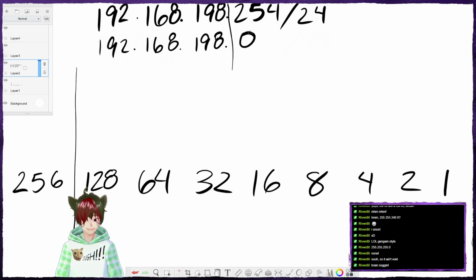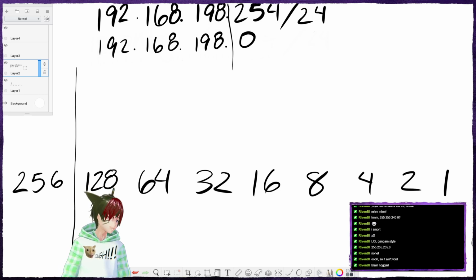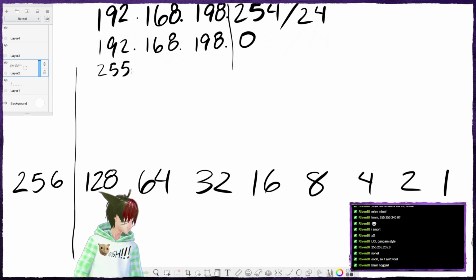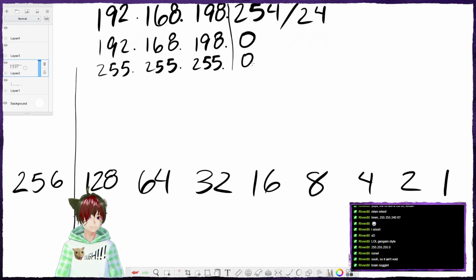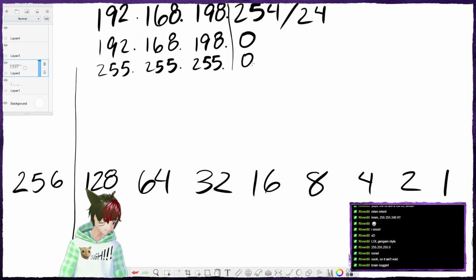That is our network, right? Because 255, 255, 255, 0. Okay. So back to what he said about subnet bits.